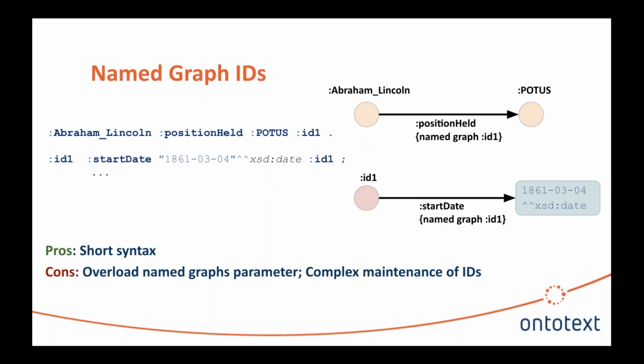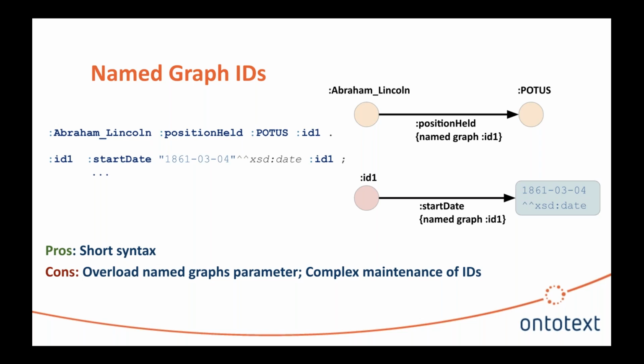Another way to work around this is to use the fact that modern triple stores are actually quad stores, and they track additional metadata with an additional parameter, which is the context or named graph, depending on the implementation. The idea is to put the same sort of statement ID, but track it as a named graph, which is going to solve many of the problems of the previous approach.